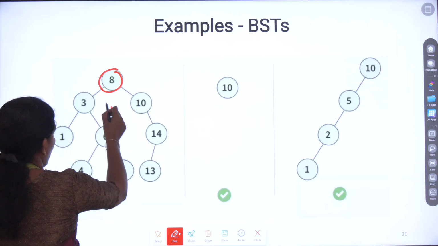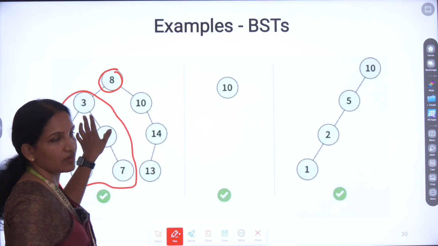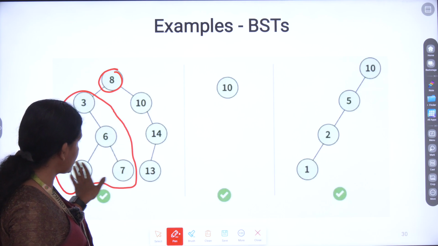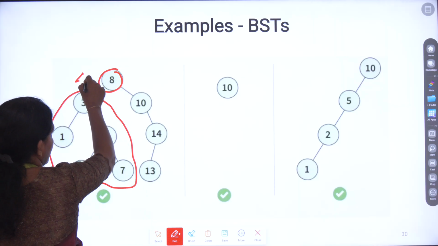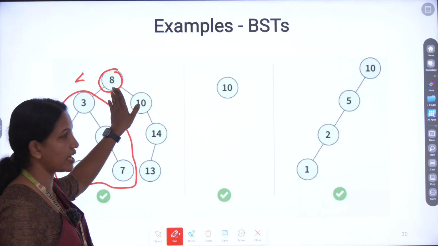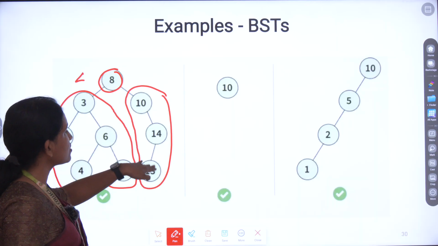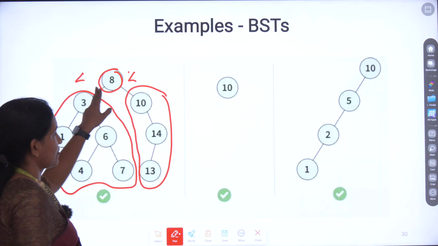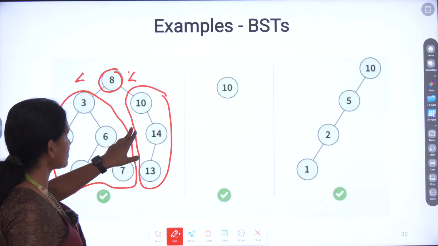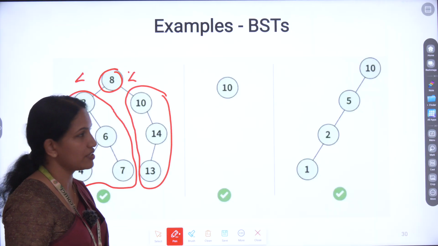All the descendants of the left child have values less than the root value, which is 8. And if you consider the right side, all the values are greater than the root node. So this condition should be satisfied for a binary search tree.